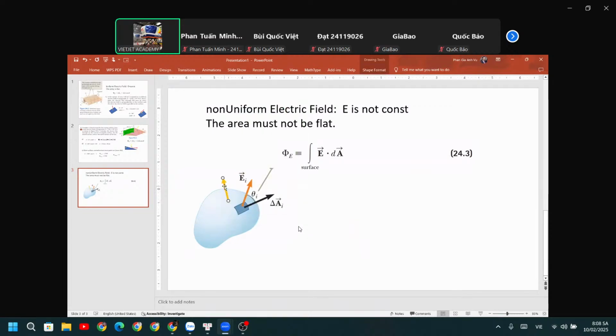Okay, E at this position is this, at that position it may be this, right? So the electric field isn't uniform anymore. Okay, so I will show you how we calculate this by solving this example.